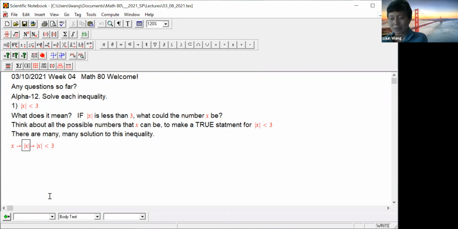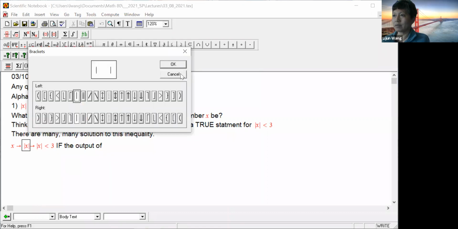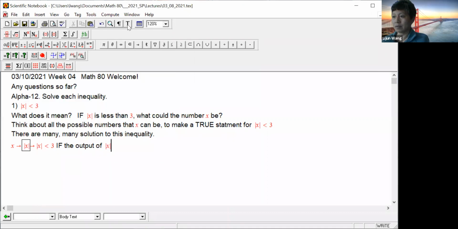So basically it says if the output of the absolute value of x is less than 3, that's what it means.